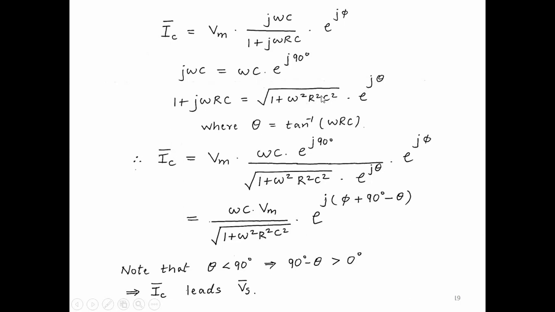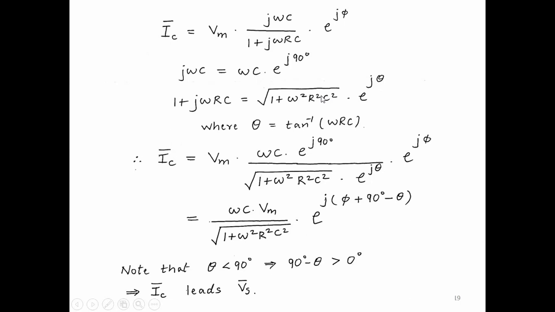The conversion from rectangular to polar and polar to rectangular will occur all the time in this chapter on sinusoidal steady state analysis, and you need to become proficient at doing these conversions.